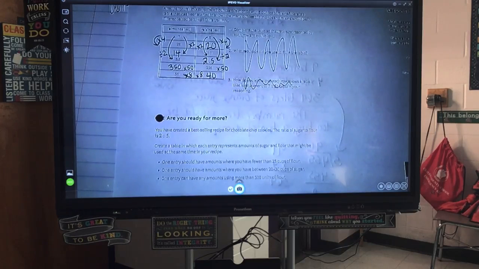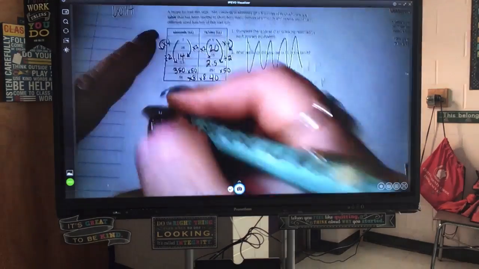Alright, so who would like to share why the ratio table can be better than the number line? Jonathan? Because in the ratio table, you don't need to go in order. You could just multiply by any number.